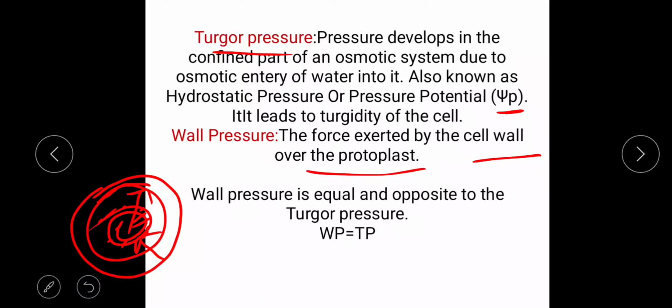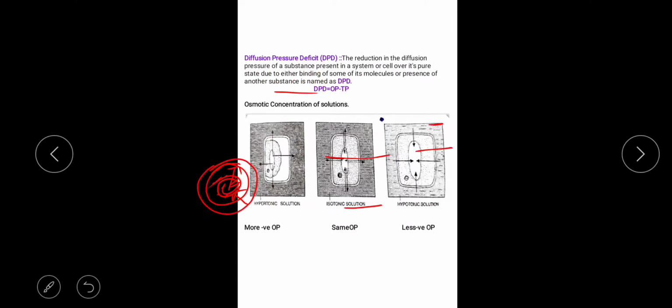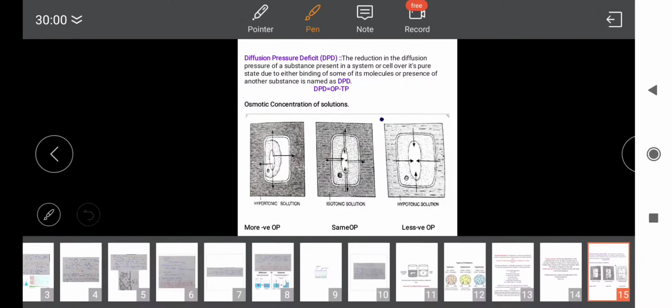So wall pressure becomes equal and opposite to the turgor pressure. Okay. So next we have another term, that is the DPD.